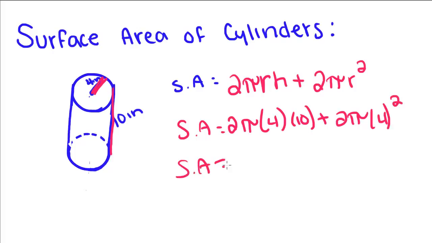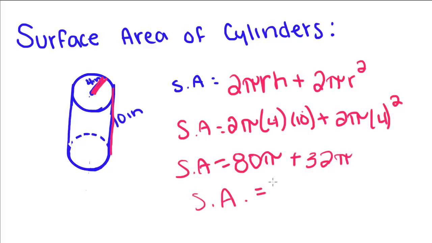So the surface area is equal to 2 times 4 is 8, times 10 is 80. 80 pi plus 4 squared is 16, times 2 is 32, so 32 pi. So our surface area is equal to 112 pi.